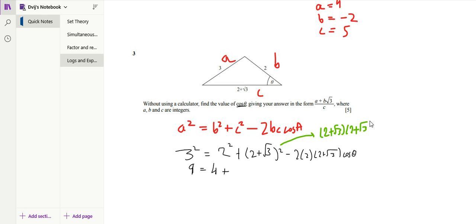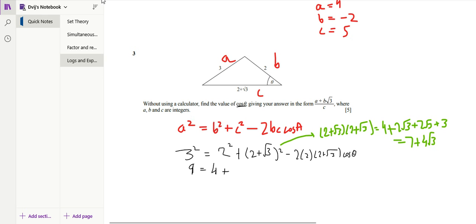So 2 times 2 is just going to be 4 to start with. 2 times root 3 is 2 root 3, so plus 2 root 3. And 2 times root 3 is 2 root 3 again, plus root 3 times root 3, which is just 3. So this whole thing simplifies out to be 7 plus 4 root 3.